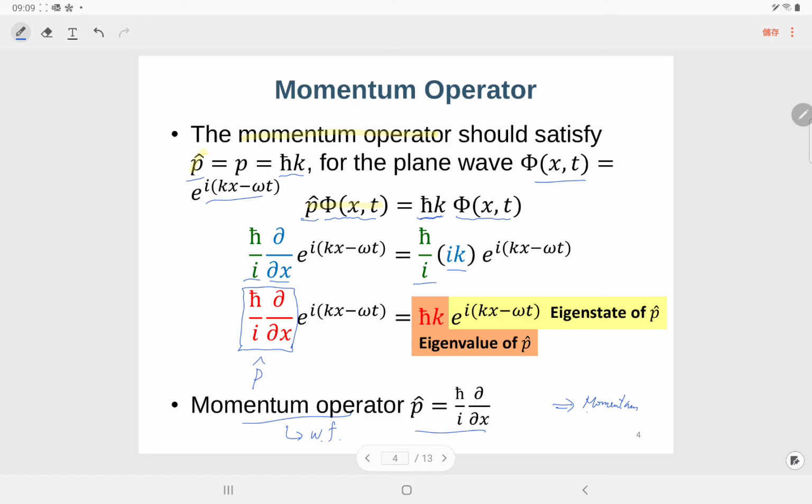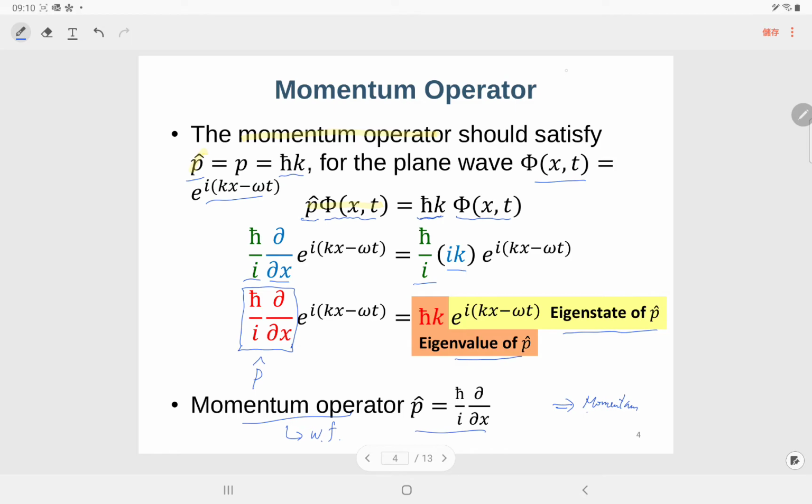So we call this h bar k the eigenvalue of p hat, and this is called the eigenstate of p hat. This language comes from linear algebra. If you have ever learned about the matrix, not the movie, the matrix is 矩阵嘛.